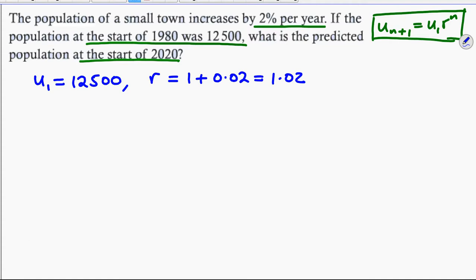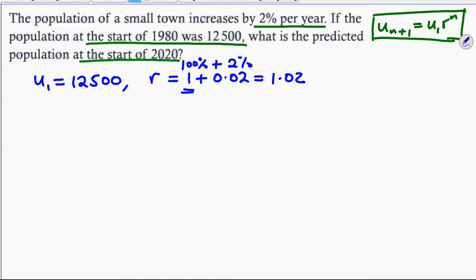Remember, this is an increase from a certain figure, which was the original population in 1980. That's why we have 1 here. It's the same as 100% plus 2% every year.